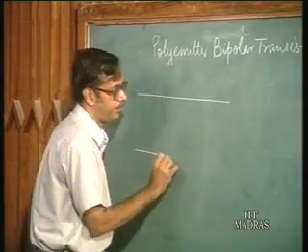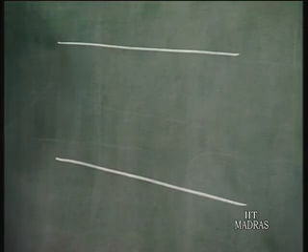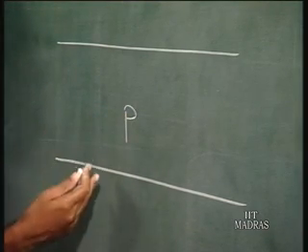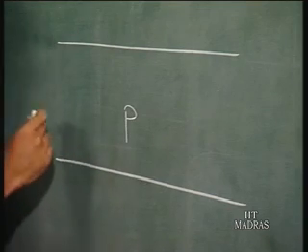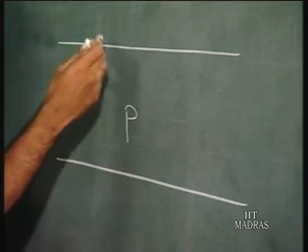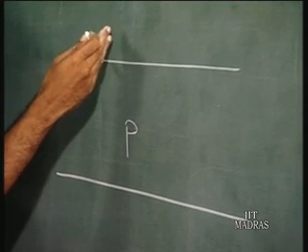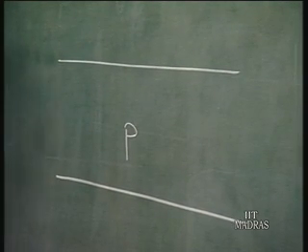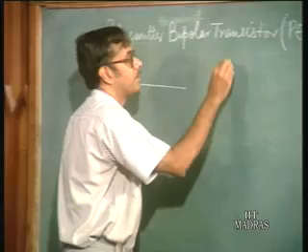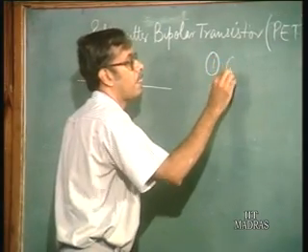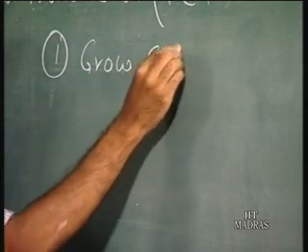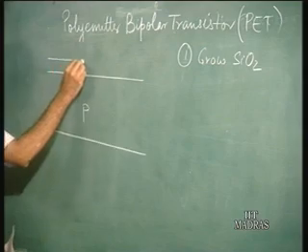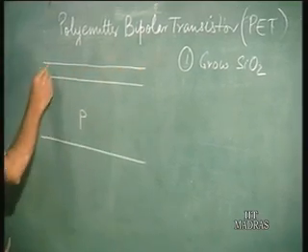So, the steps. First, suppose you have this P region, which is the base of the transistor. Now, we want to fabricate the polyemitter on top of this PN junction, the emitter junction on top of that. So, the first step is to grow silicon dioxide, which is grown thermally.